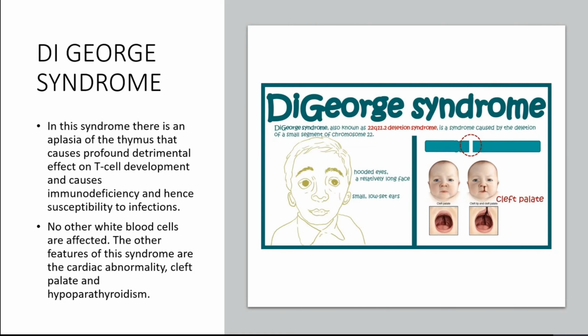Basically, this syndrome is caused by a deletion of a small segment of chromosome 22, specifically 22q11.2, and only some of the white blood cells are affected. The features of this syndrome are cardiac abnormality, cleft palate, and hypoparathyroidism.